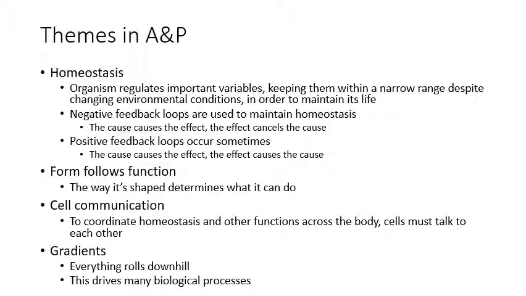That's the cause, your body temperature rising. Then your body's going to respond by activating homeostatic mechanisms that will reduce your body temperature back down by, for instance, making you sweat. Sweating is going to cancel out the rise in your body temperature by having you evaporate energy out to the world, and that reduces your body temperature.